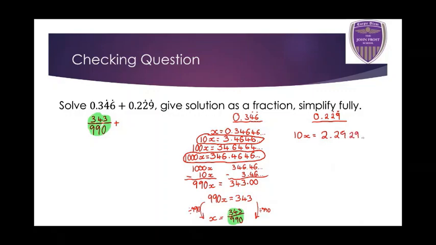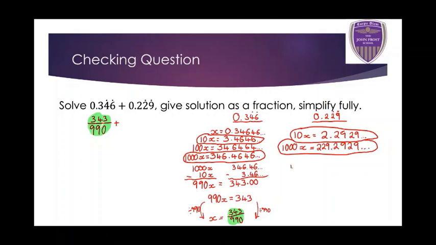which would be 2.2929 recurring, and if I use 1000x, which is equal to 229.2929, I know that the decimals are going to cancel each other out. So for this one, I'm going to be using 10x again and 1000x, and I just did that by looking at what I used for the last decimal, and it's very similar to this one.